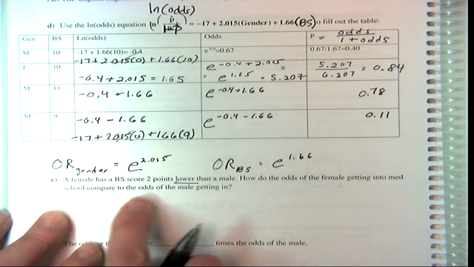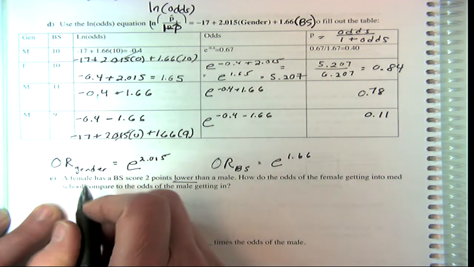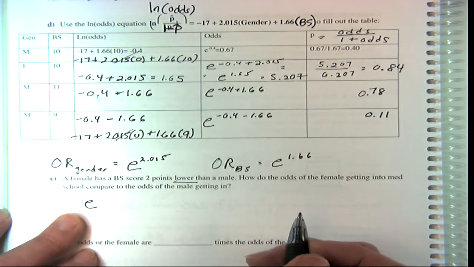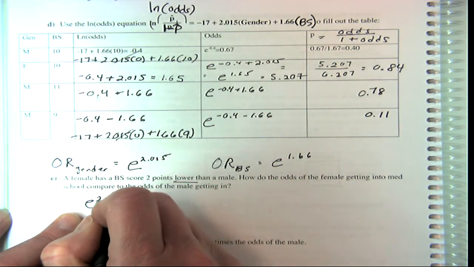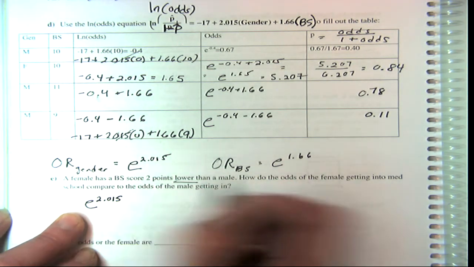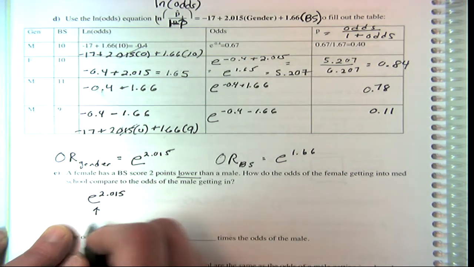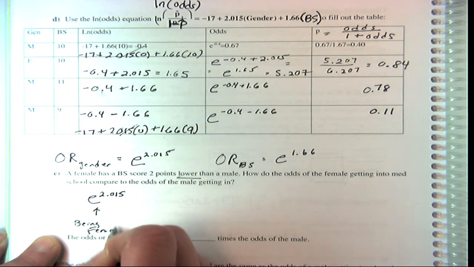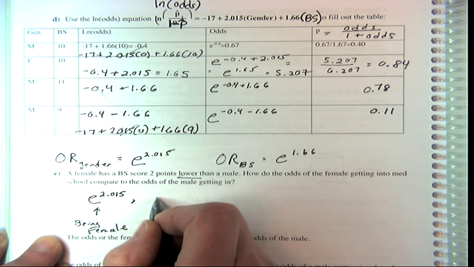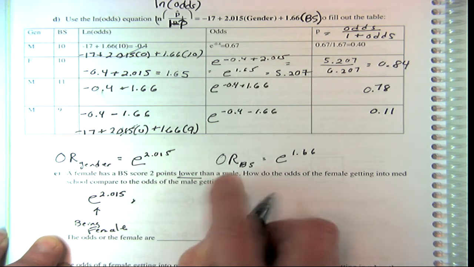All right, so now comparing the female to the male, her odds are going to increase by e to the 2.015 because she's coded as 1 and the males are coded as 0. So she gets this advantage for being female, times a disadvantage for having a lower score.